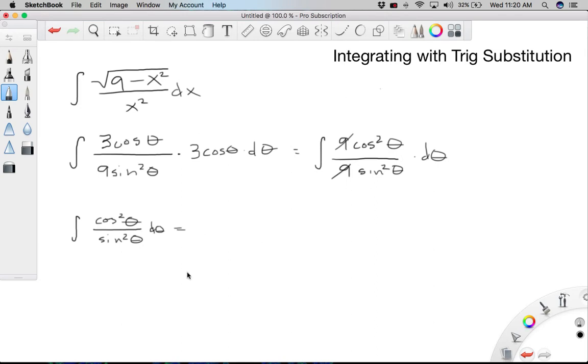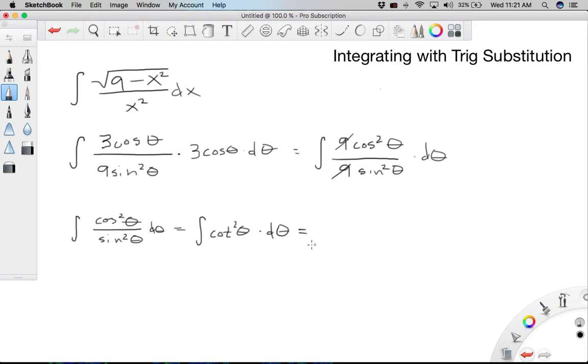If you recall back to your pre-cal days, cosine divided by sine is actually cotangent. So this whole thing is actually the integral of cotangent squared theta times d theta. And then I think we have to do one more substitution because the integral of cotangent squared is, well, we don't know what it is.